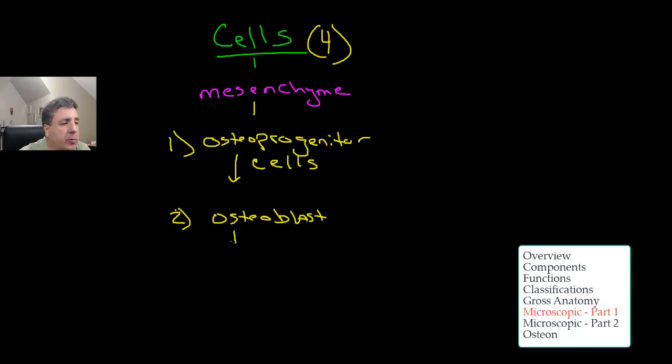The osteoblast will end up maturing. It gets trapped in different things; we'll talk about that in a minute. It gets trapped, and that changes into our third cell type, which is called an osteocyte. So we have an osteoprogenitor cell, we have an osteoblast, we have an osteocyte.